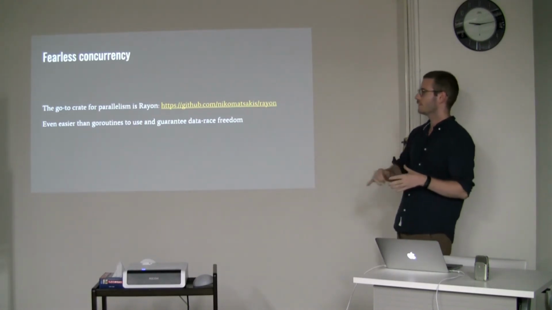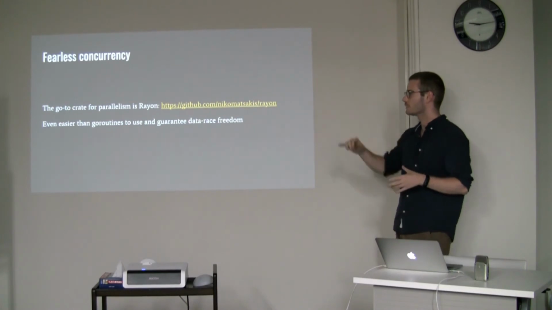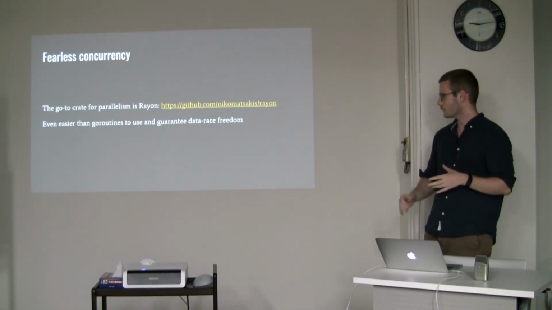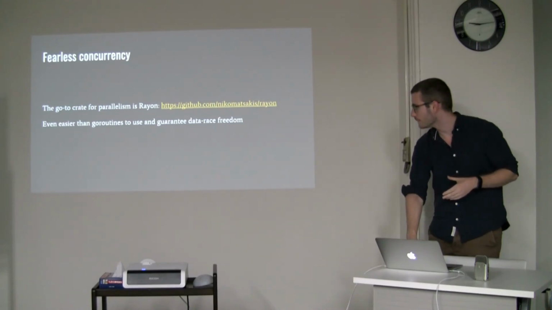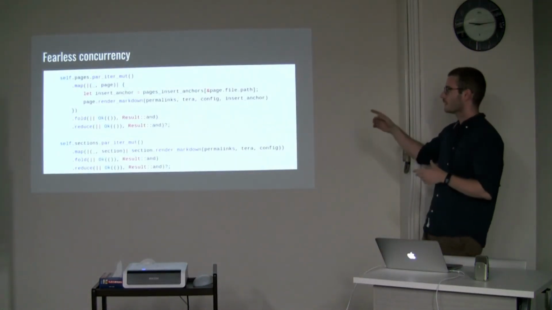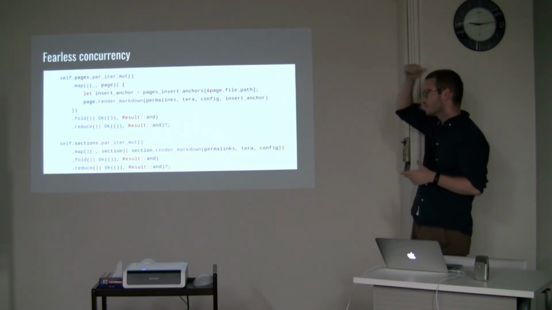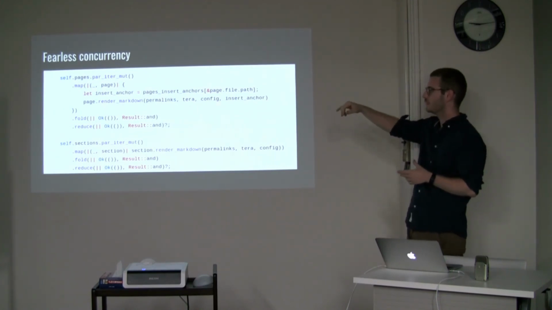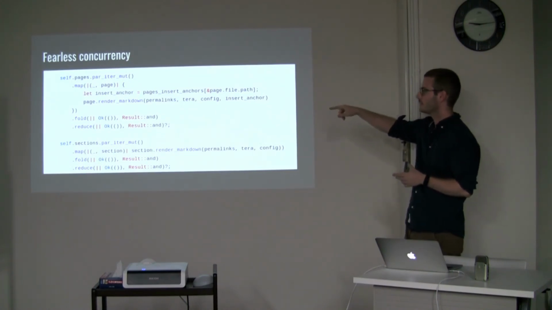The package that everyone uses for parallelism is called Rayon. It's just an easy way to do parallelism, and that's how it looks. This is actually code from Gutenberg, where I'm generating the markdown for each page in parallel.